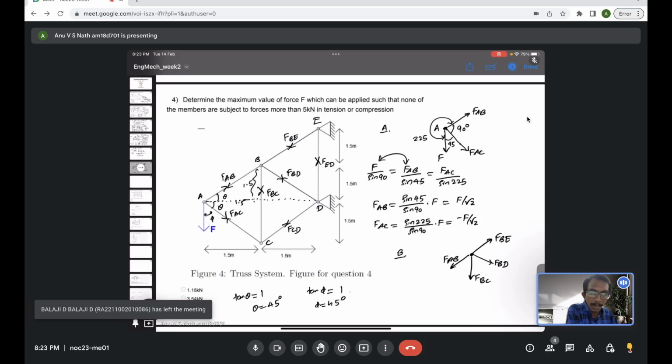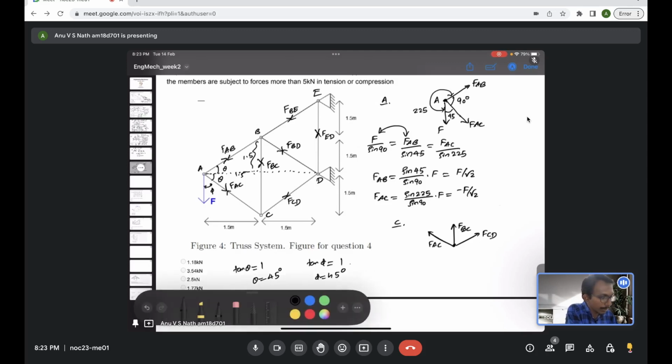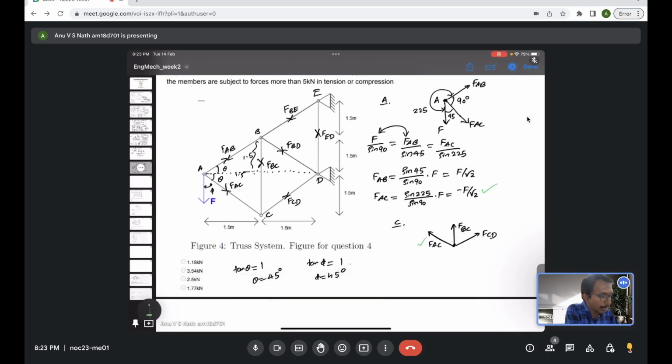So we cannot just directly pass to joint B. We should ideally go to another joint, which is joint C. So from A we can relate to joint C. In joint C we have unknown FBC, another unknown FCD, and another force FAC. FAC is known because we have just evaluated it. So we will use that information. With the angles, you can see this angle is going to be theta only.